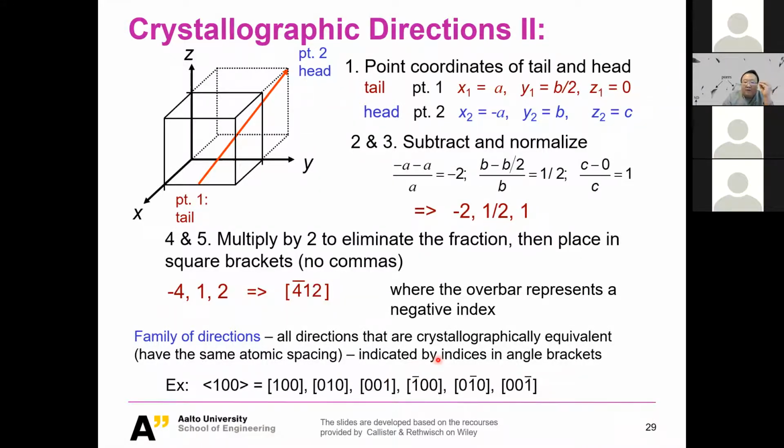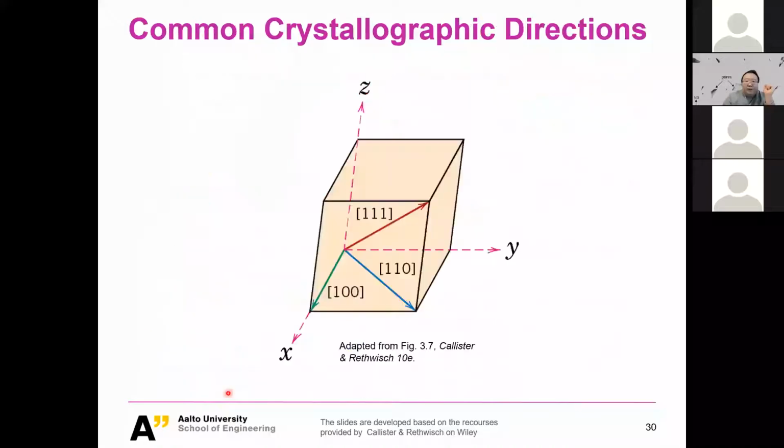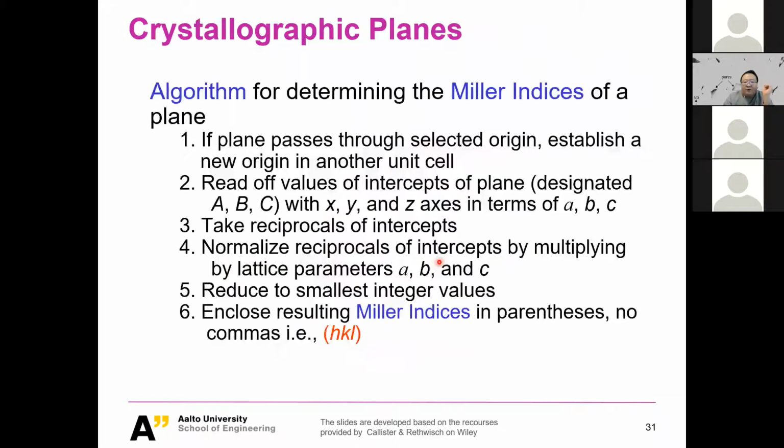So for this kind of equivalent directions, we use a different notation, this short bracket, it is called <100>. So this is a specific direction, and this is a family of directions. So I hope you realize that. And here I'm giving you some common crystallography directions, and you can see those directions.